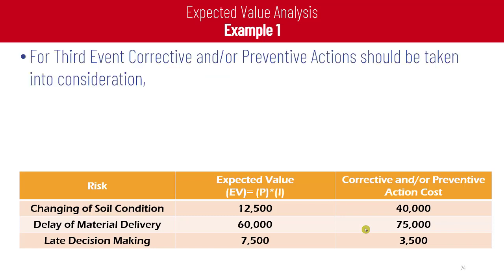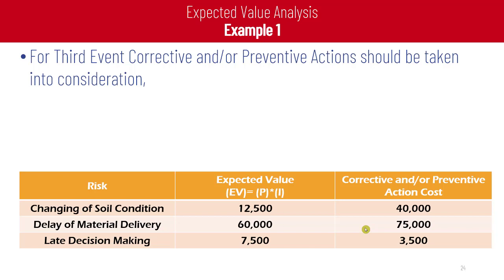For the third event, let's say we take the expected values estimated from the previous slides as calculated: 12,500, 60,000, 7,500, and we work to estimate the corrective or preventive action to prevent each risk from happening.